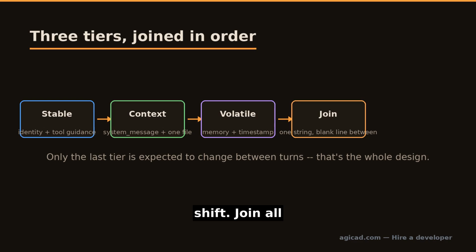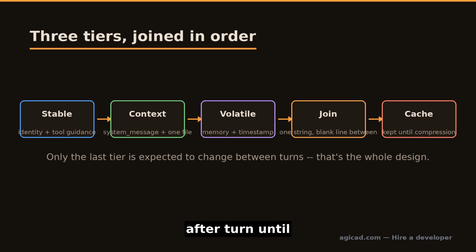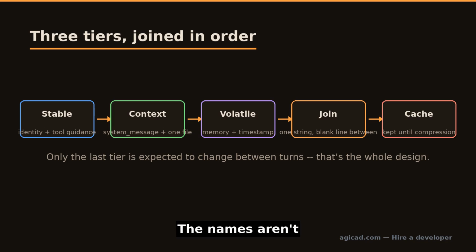Join all 3 with a blank line between them into one string, and cache that string on the agent object, reusing it turn after turn until something, specifically context compression, forces a rebuild. The names aren't decorative. Stable really means stable, and volatile really means rebuilt every single time.